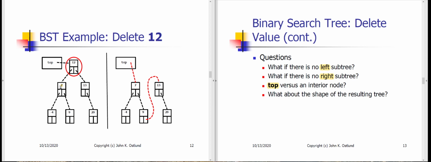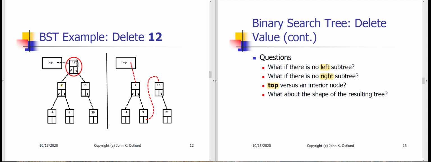Well, the basic algorithm is still the same. It's just that instead of modifying top to refer to the node containing minus 4, the left child of 7, we're going to modify 12's left instance variable. Sorry, I kept wanting to say component because that's C++ language.